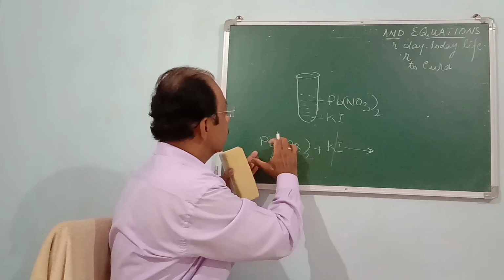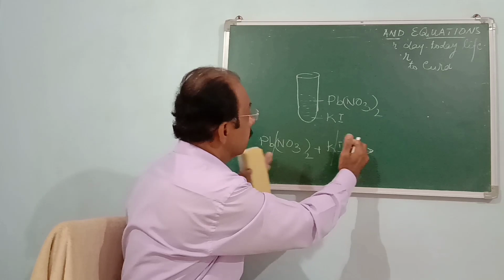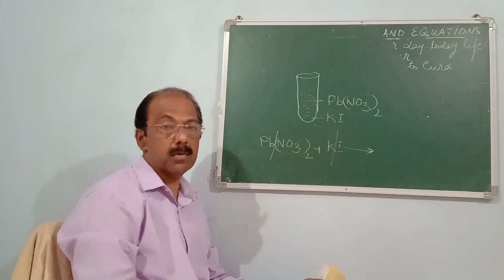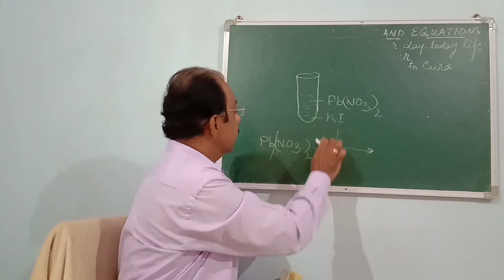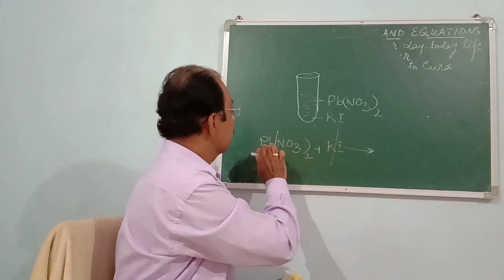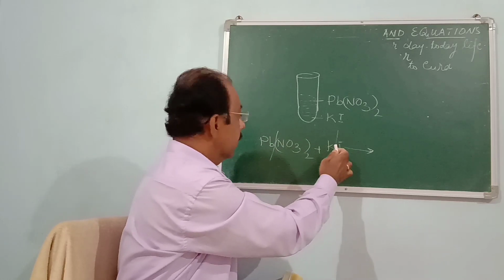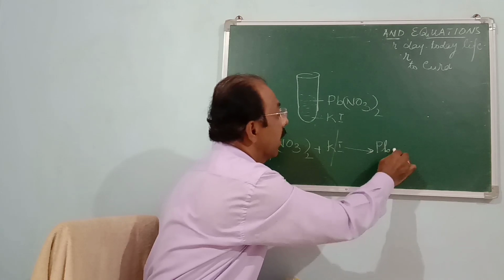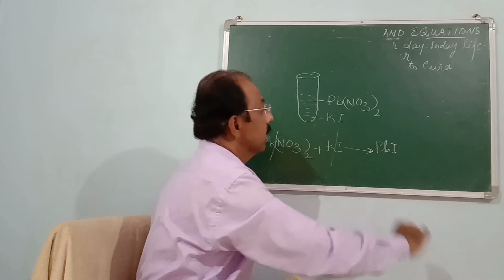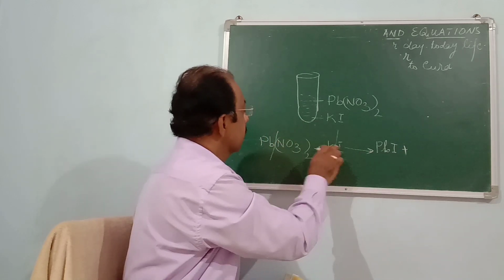And of course here also lead nitrate is broken and potassium iodide is also broken. And new substances are formed, a rearrangement of these chemicals. So Pb goes with iodine and forms lead iodide. Lead iodide. What is the meaning? Let us see.